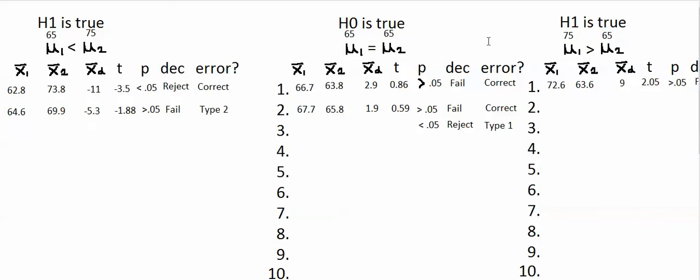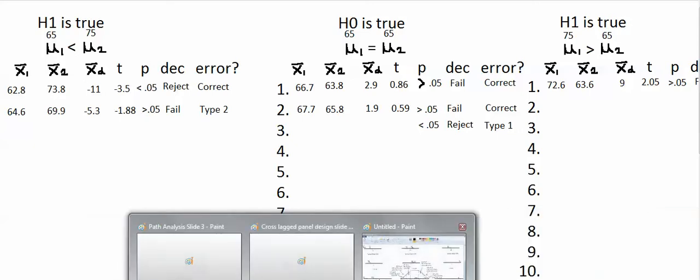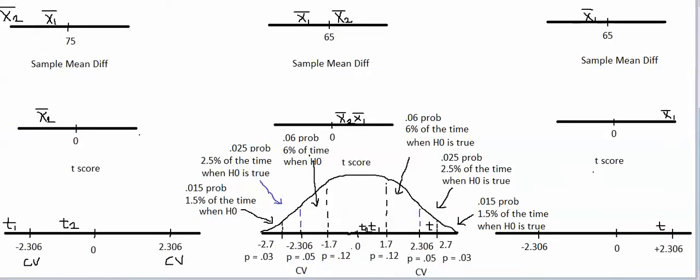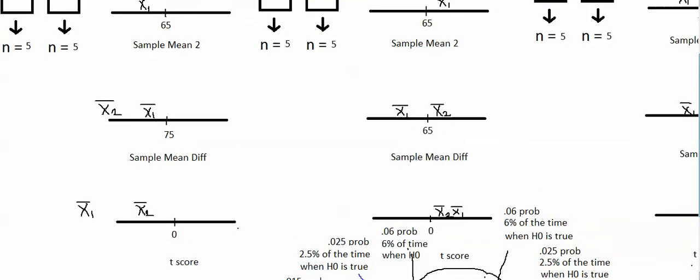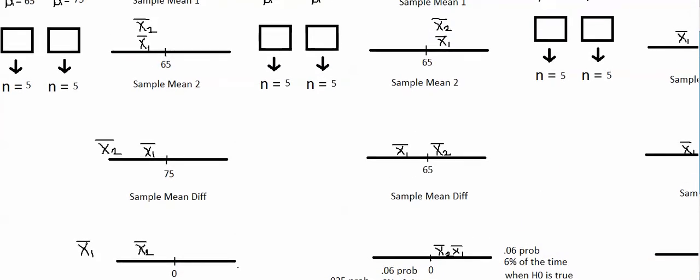And then one last thing I wanted you to do is, underneath each of these number lines for sample mean 1 and sample mean 2, put mu under here to show that this is the mean of this population.